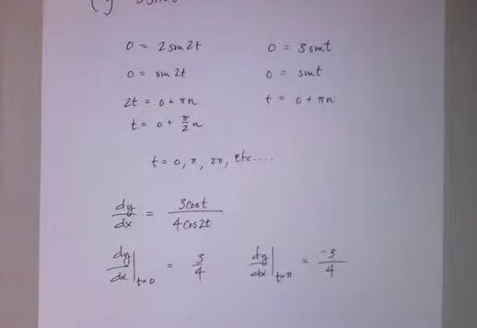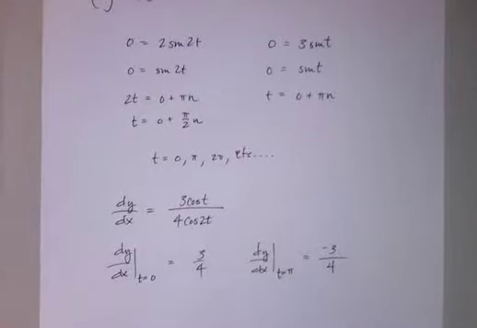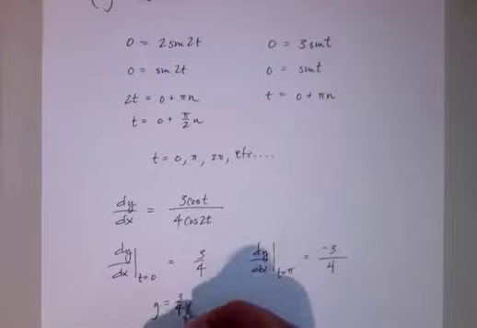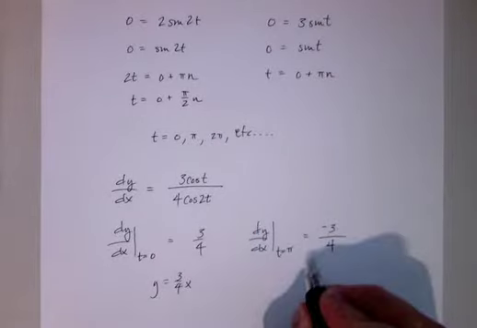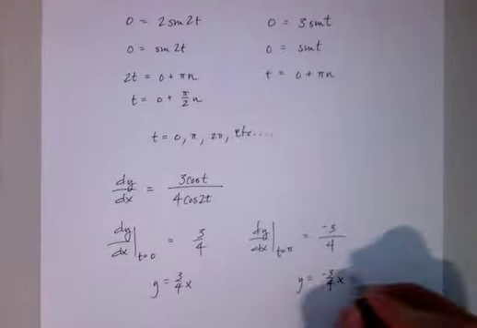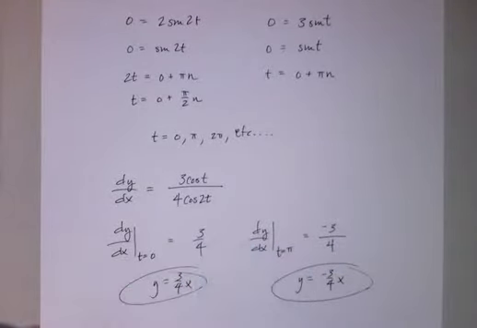And so all you have to do is you just have to do 0, 0 with 3/4, so y is equal to 3/4 x, and then 0, 0 with a slope of negative 3/4. So those are your two tangent lines, okay?